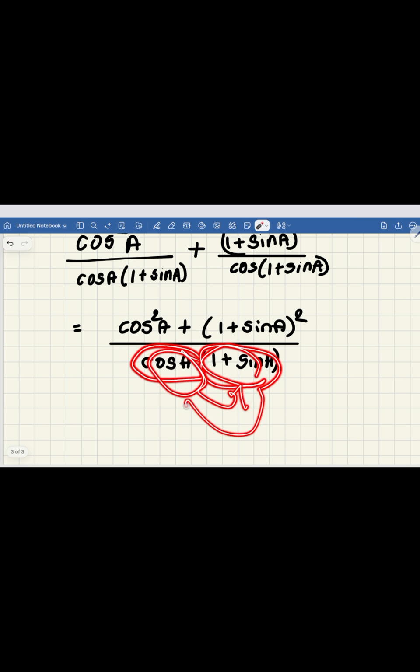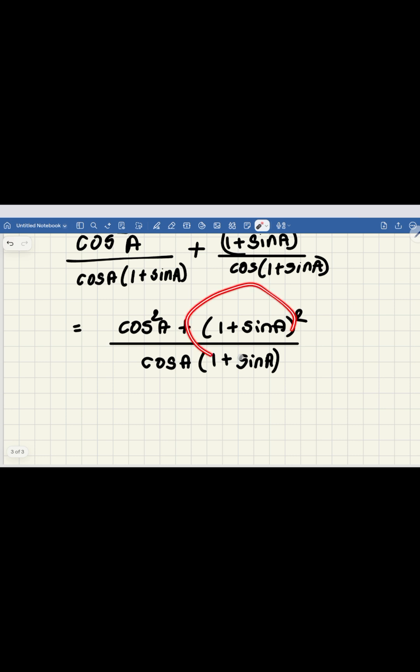Or else you can just expand this, obviously. That's the most ideal way. So what you're gonna do is split that up, because that is the only way you're gonna find out what's going on.